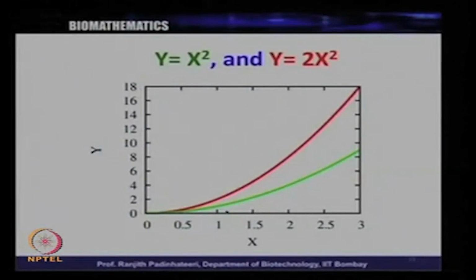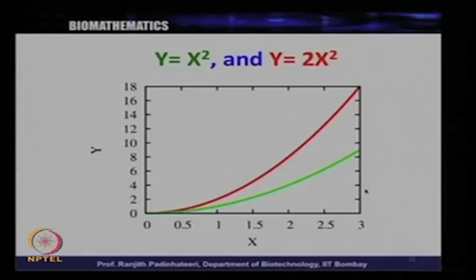When y is equal to x square, you have this green line here, and the red line is y equal to 2x square. As you expect, y equal to 2x square goes above y equal to x square, because these red values are twice those of the green values.